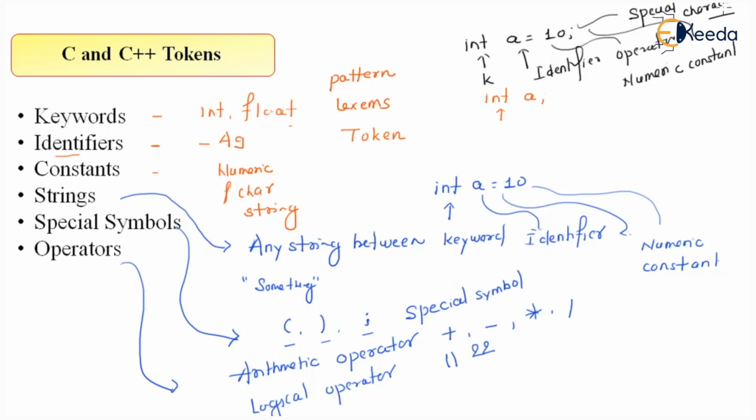So each qualifies as a token, and it consists of a total of 5 tokens.